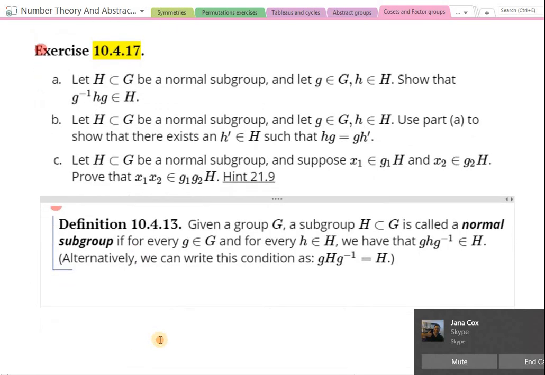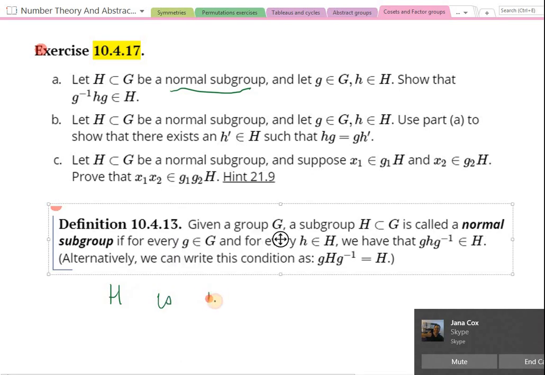That definition. All right, so we're given that big H is normal. So we'll start with big H is normal, and that's given.